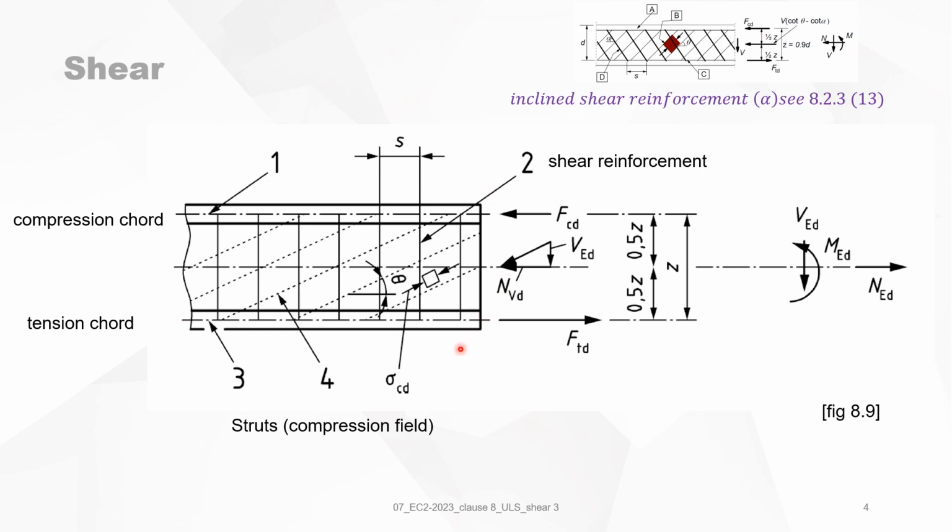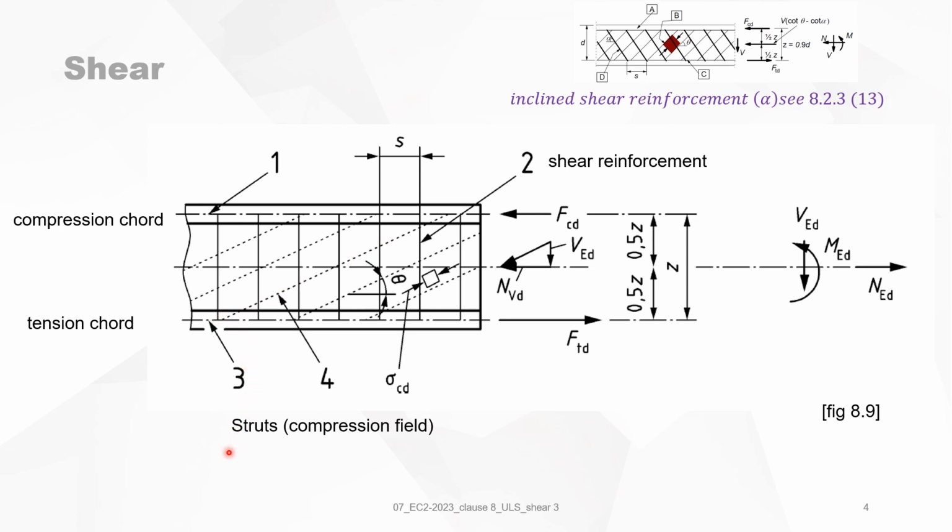The principle of shear reinforcement, the way of dealing with or calculating it, is the same as it was previously in Eurocode version 2004. The difference is in a name. In version 2004, we talked about struts, compression struts.